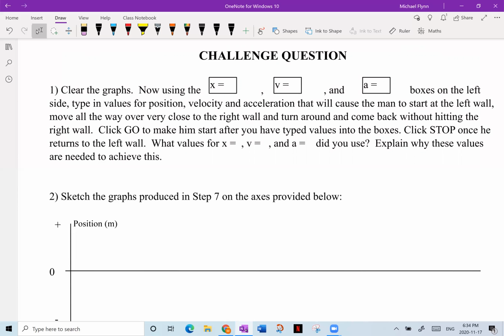Can you set 3 values in those boxes that will make him do that by itself? In other words, you don't want to turn him around like I did. You have to have one set of values, X, V, and A. And that's it. So give it a try, see if you can do it.